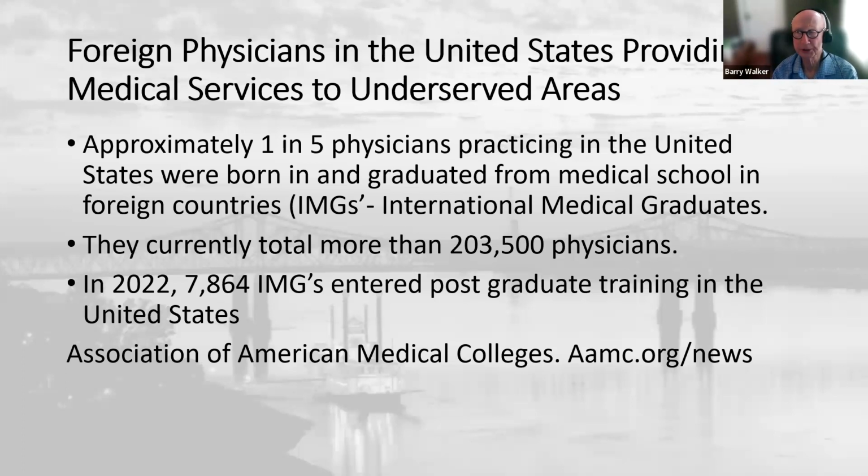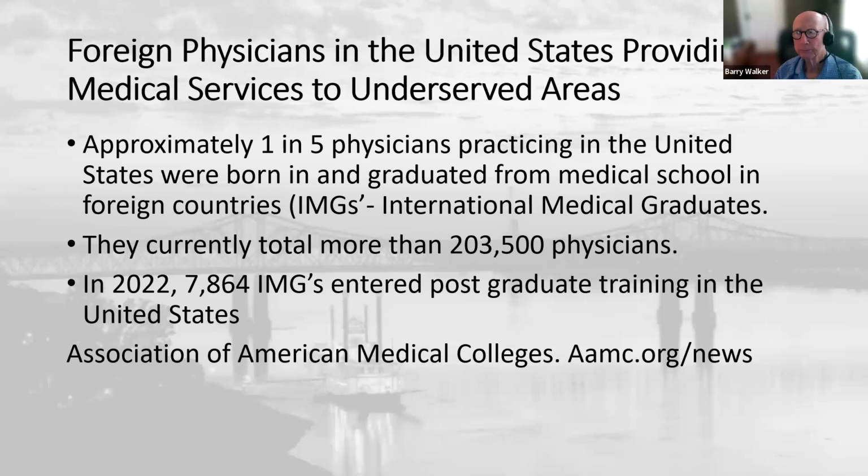Because if you are a facility in the Delta region, you know that if you're a FQHC, for instance, you know that you need family medicine doctors, you need pediatricians, you need internal medicine physicians, and those facilities rely heavily on these J1 waiver programs.